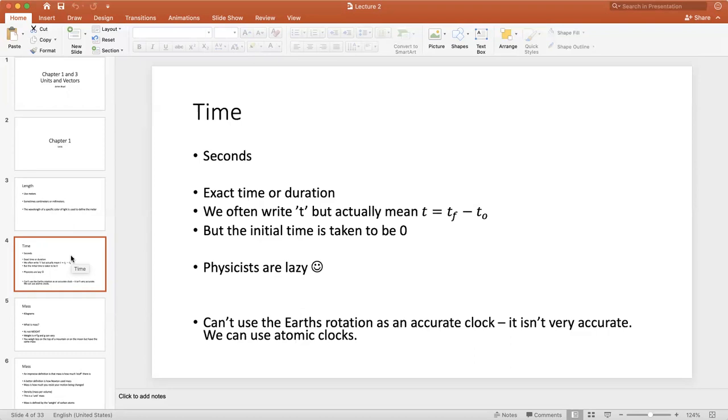We measure seconds in tenths of a second, in hundredths of a second, in thousandths of a second. But when we go the other way, we tend to go up to minutes. And minutes are 60 seconds, which means that you always have to convert into minutes, hours, years. And that 60 seconds is kind of a weird unit.